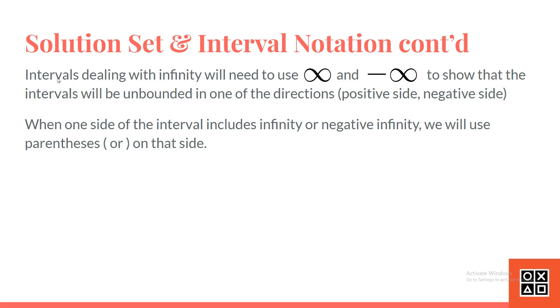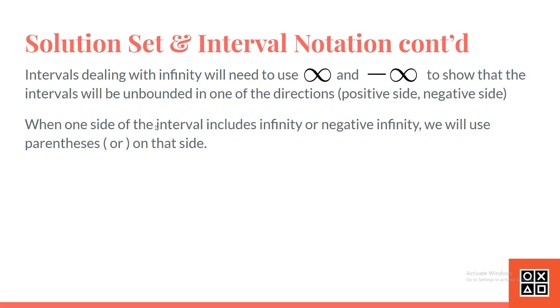As I just said, intervals dealing with infinity will need to use infinity and negative infinity to show that the intervals will be unbounded in one of the directions. So we have a positive side, which goes to infinity, and a negative side, which is negative infinity.